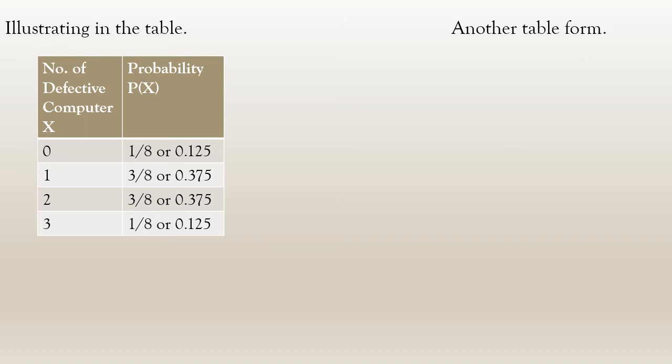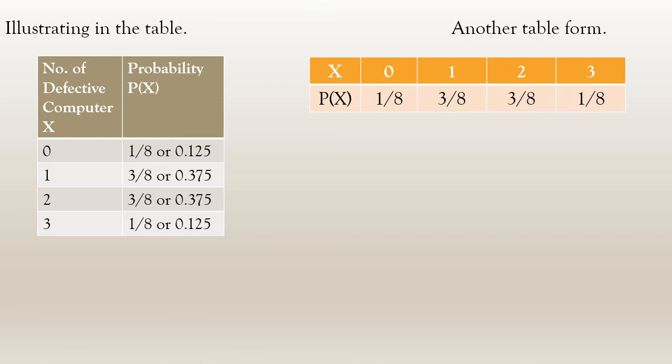So kapag 2 ang x natin, 3 over 8 din yan or 0.375. So kapag ang number of defective computer naman natin or ang x natin ay 3, ang probability niyan ay 1 over 8 or 0.125.